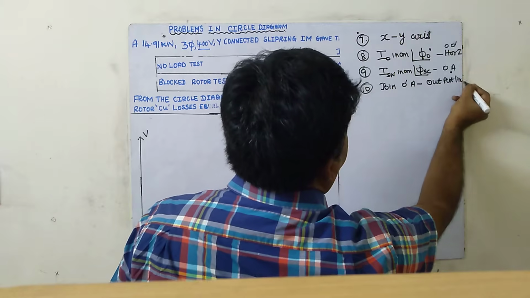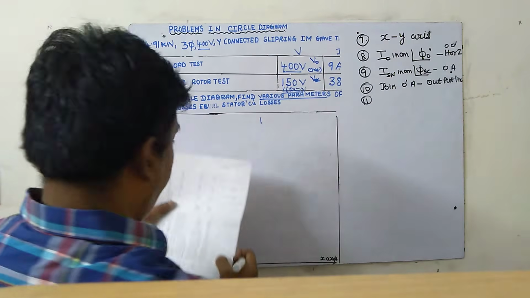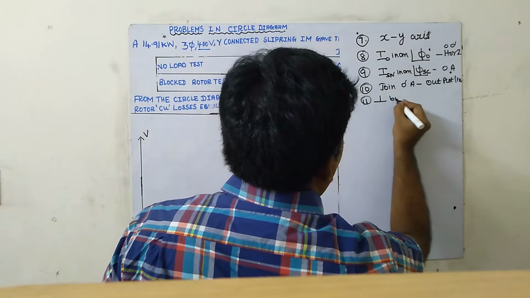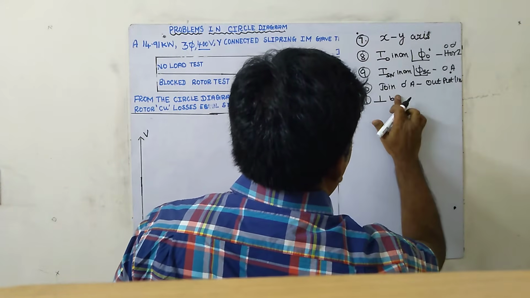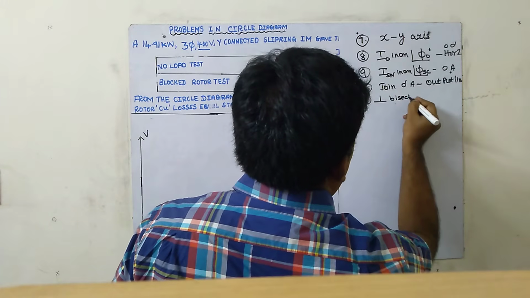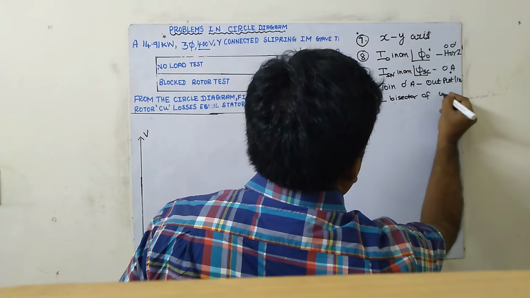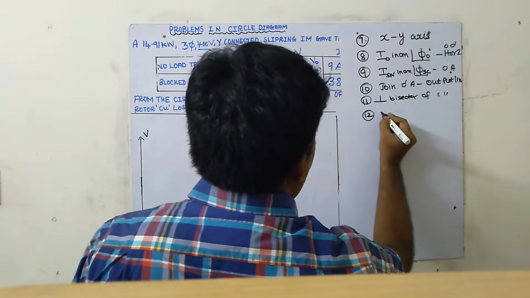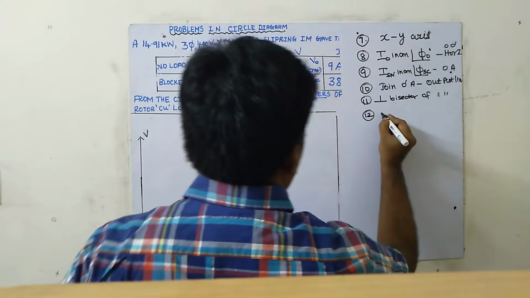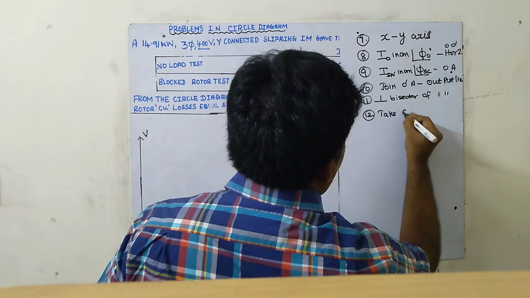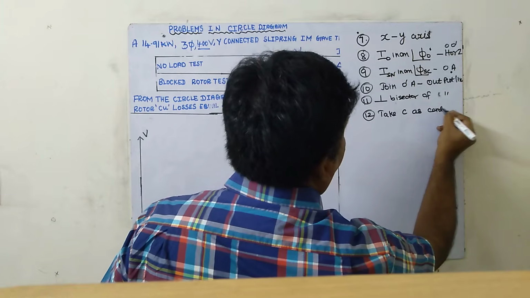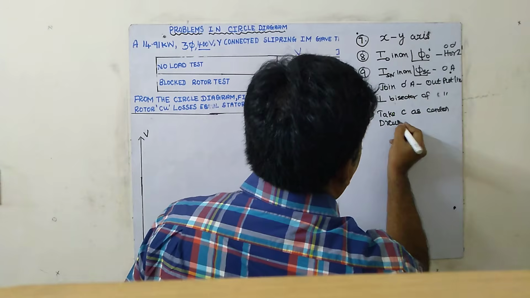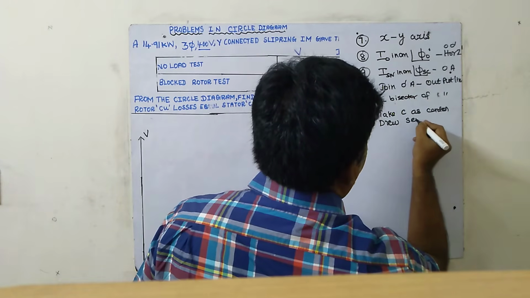The 11th step: draw a perpendicular bisector for the output line. Step 12: take C as center. I will explain while drawing. With C as center, draw a semi-circle.